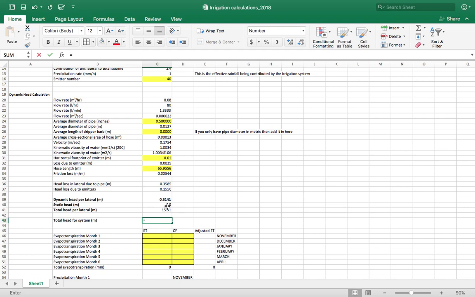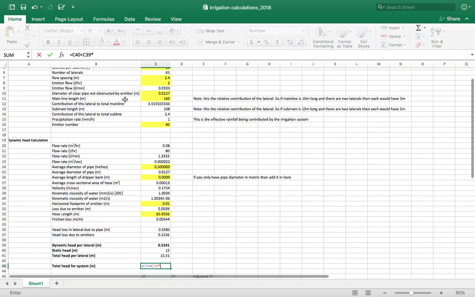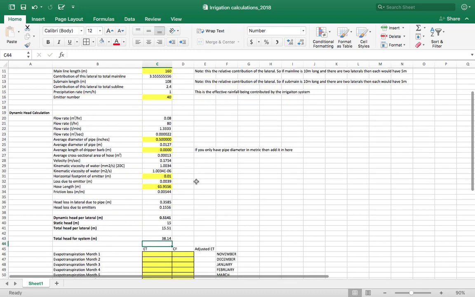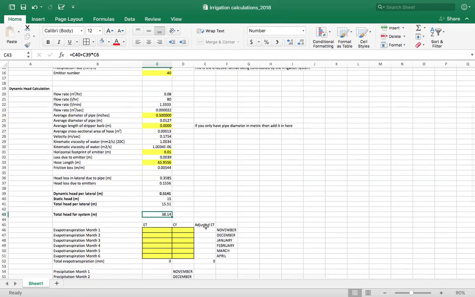Because it's still having to lift at 15 meters. But this time it's the dynamic head times the number of laterals, because that's per lateral. 45. So we can see here that actually the dynamic head is contributing to more pressure requirements in this system than the static head itself. So the vertical rise contribution is less than half that of the total of the dynamic head. So calculating the dynamic head here is really important.